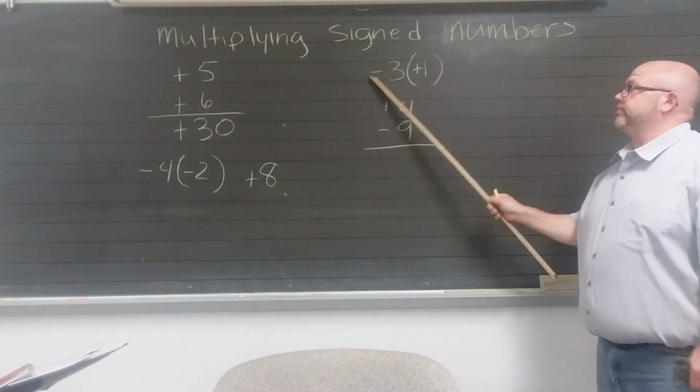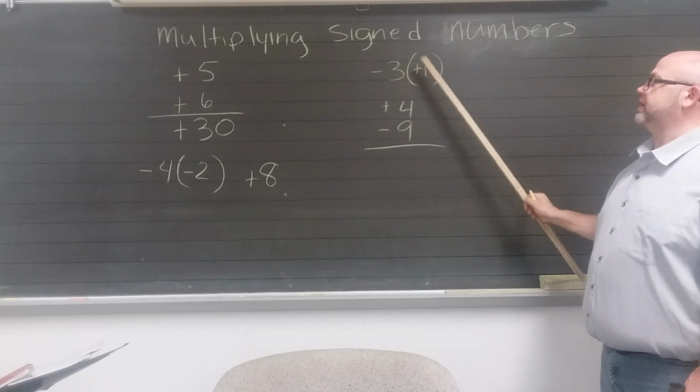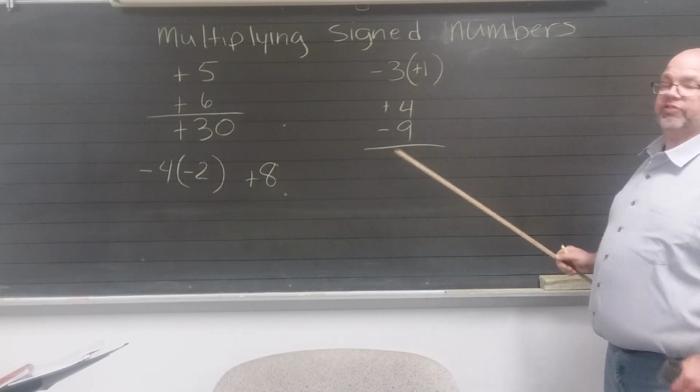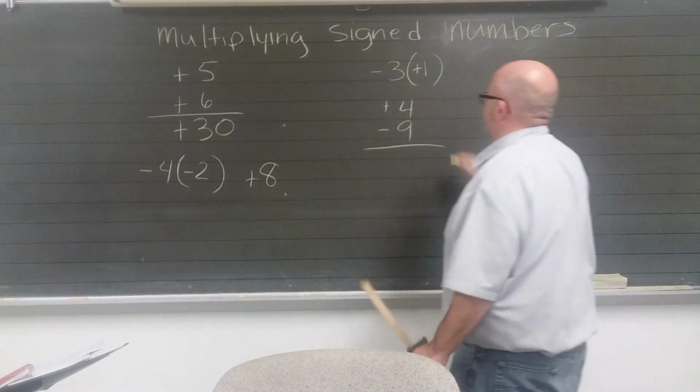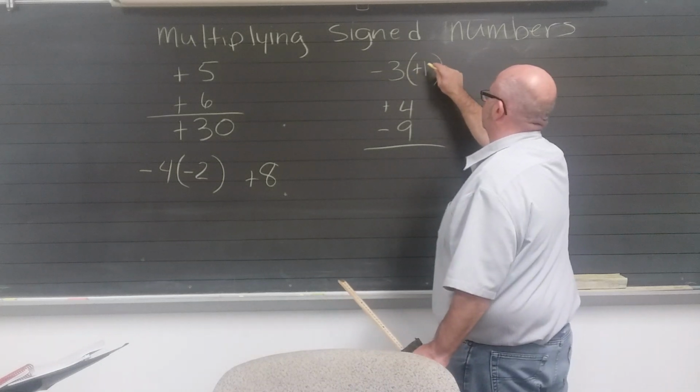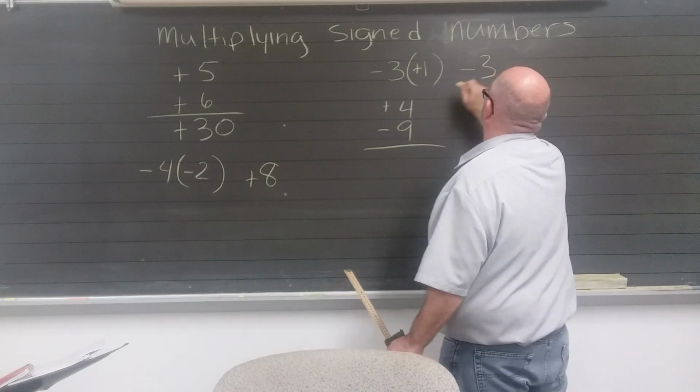Or plus 4 times negative 9. If the signs are different, doesn't matter what order they come, doesn't matter. If the signs are different, the answer is negative. -3 times +1 is -3.